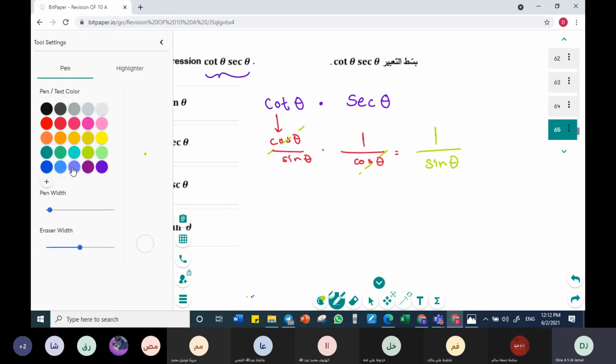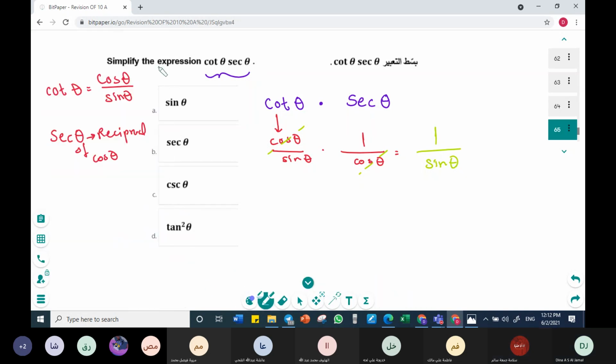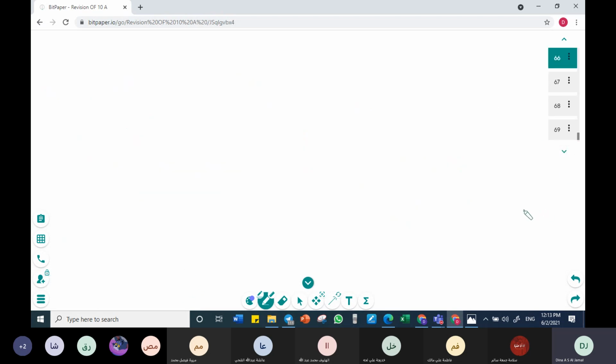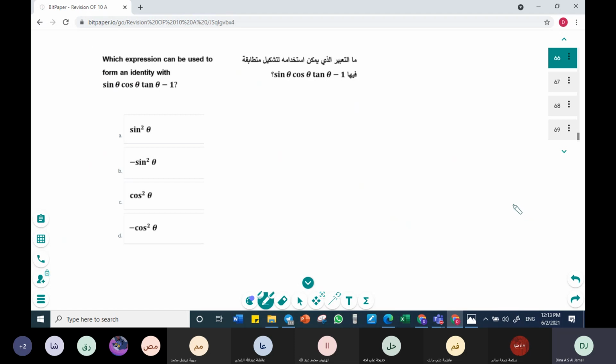What will it be later? What is the reciprocal of the sine? Cosecant. Excellent. Cosec of theta. That means your answer is this one. Done. Now, let's go to the other question.